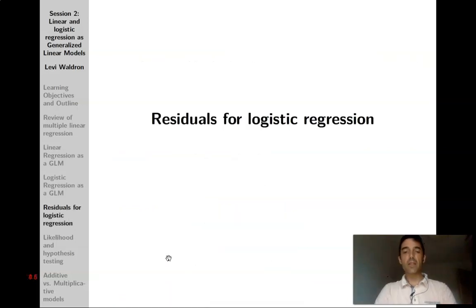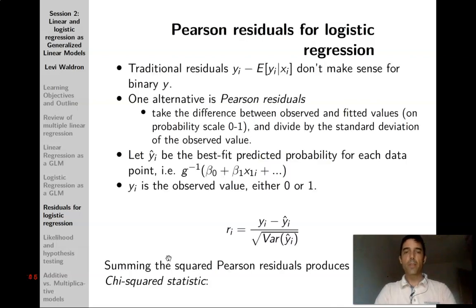So speaking of deviance residuals, let's talk about residuals for logistic regression. Now, the traditional residuals don't exactly make sense for a binary y, just the outcome minus the expectation. And the first alternative, which is actually very, very similar, is the Pearson residuals.